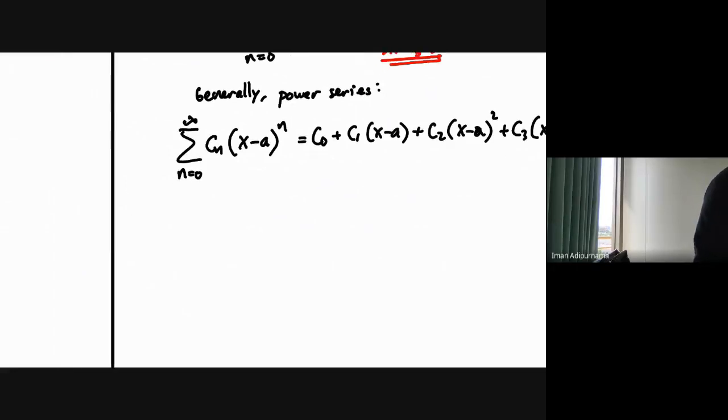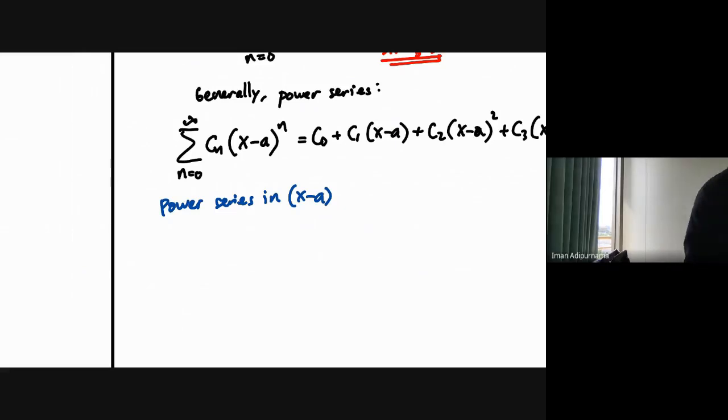So this is called a power series in x minus a. Because we know from before that x can diverge at certain points, and it can also converge at certain points. Our goal here, later, is to define for which x the series is convergent, or we say the radius of convergence.